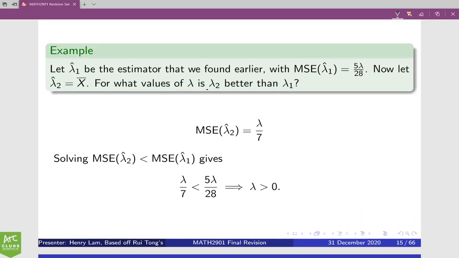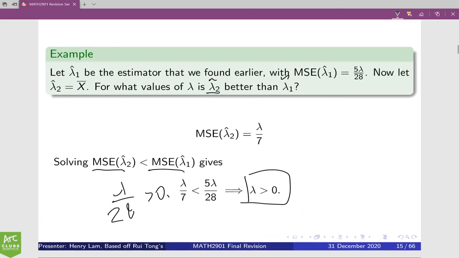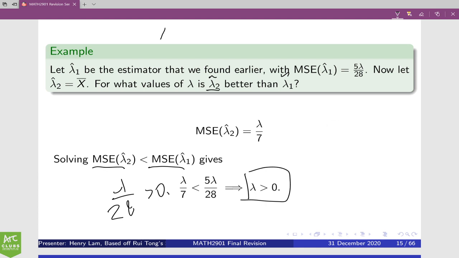So we directly compare the 2. Since we want to find where the second estimator is better than the first, you make the second estimator's mean square error less than the first one's. And you just find the range for where this is true. You rearrange this and you'll see that it's actually just lambda on 28 greater than 0. And that's the same as saying lambda greater than 0. And if you remember from before, this is all around xi plus on lambda.